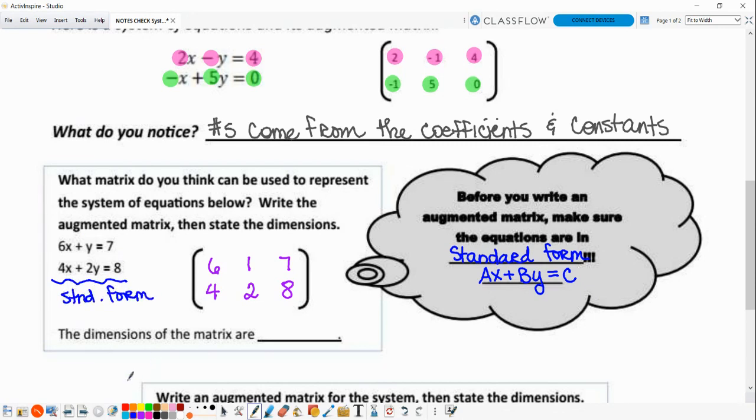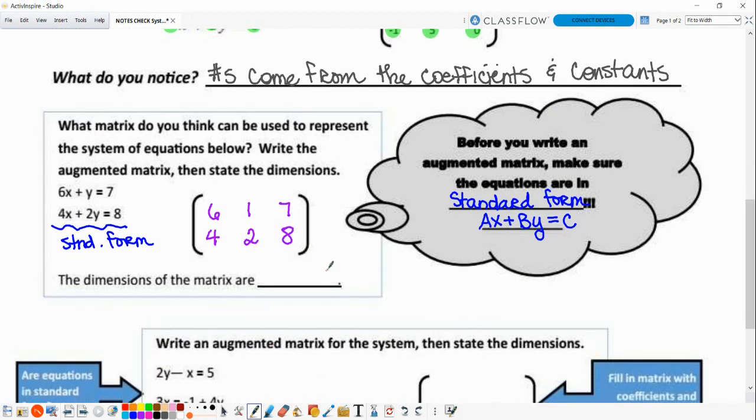So you have to rearrange your equations and put them in standard form before you can do the matrix. That's really important. If you don't do that, then your matrix is going to be incorrect. It'll be in the wrong order all over the place. That's not going to work for us. All right, again, dimensions. Remember dimensions, row by column. So we have 2 rows, we have 3 columns. So 2 by 3.